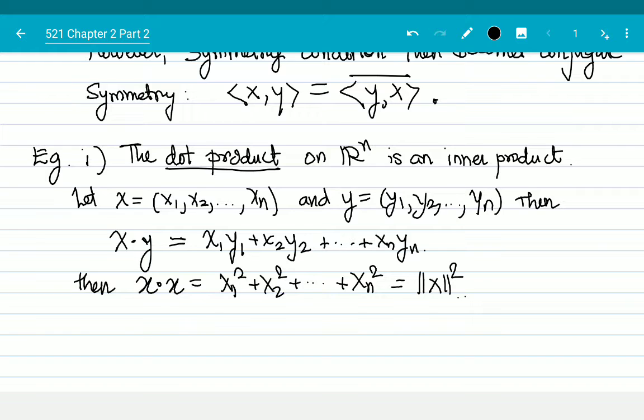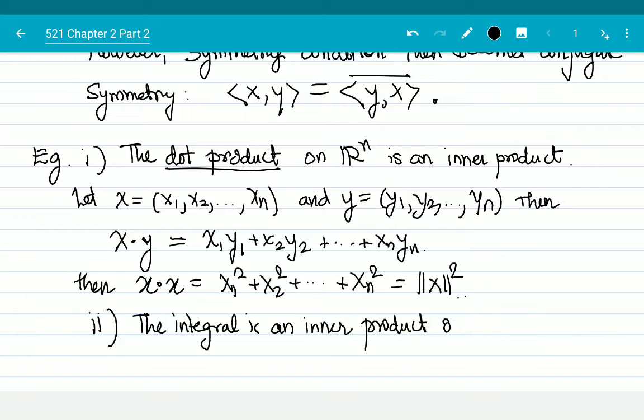Okay, fine. I was wondering whether we should do it. The integral is an inner product on a certain class of functions.